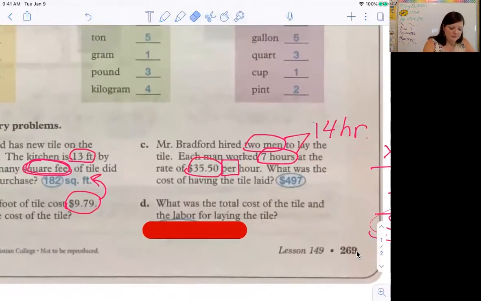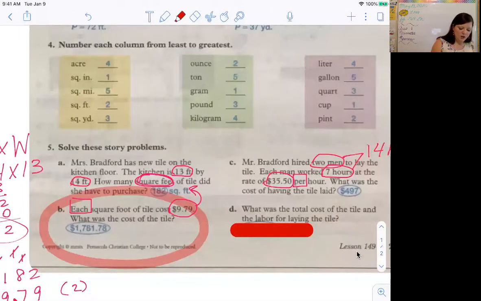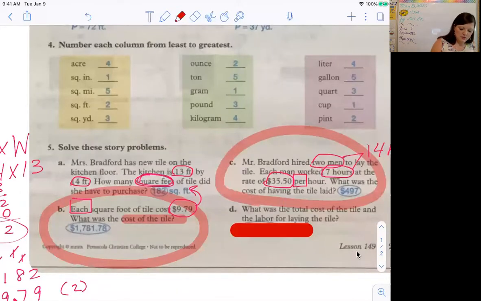Letter D. What was the total cost of the tile and the labor for laying the tile? This was the cost of the tile. This was the labor or having the tile laid.